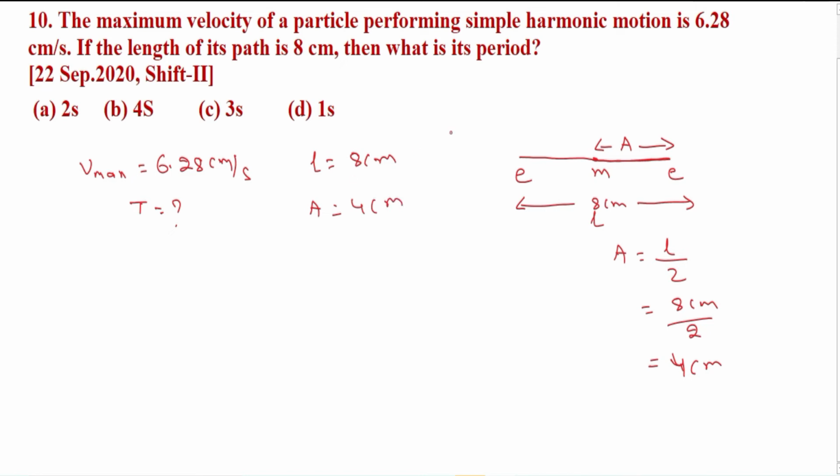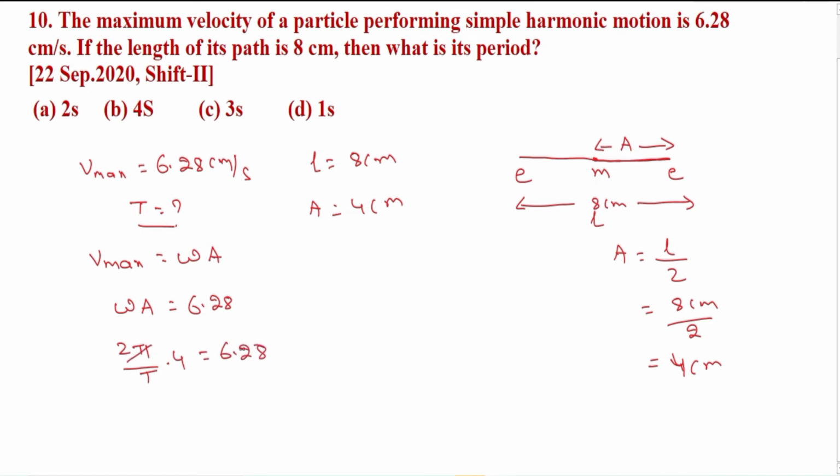Now you have to calculate the value of the time period. He gave the maximum velocity as 6.28 centimeter per second. We know that the formula for maximum velocity is Vmax equal to omega A, that is omega A is equal to 6.28. Omega can be written as 2 pi by T. So 2 pi by T into A, that is 4, is equal to 6.28.